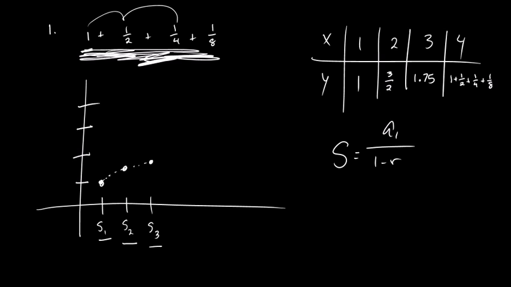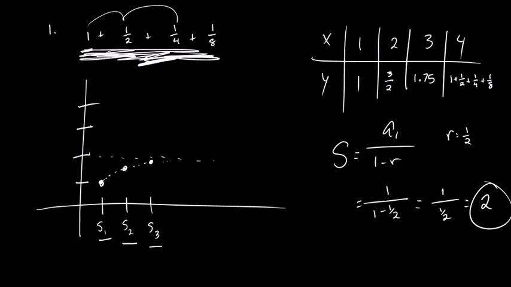I'm multiplying by 1/2, so r equals 1/2, and my first term is 1, so 1 minus 1/2. That's 1 over 1/2, which equals 2. So it's going to keep approaching this 2 as I add more and more terms, but it will never actually get there. And that sums up the graphing part of 11.7.